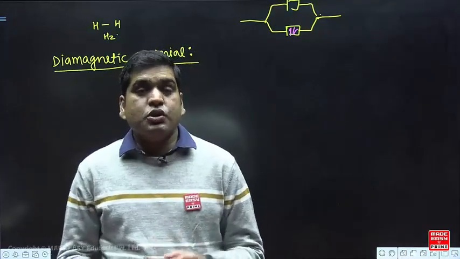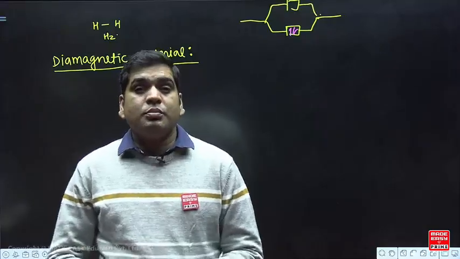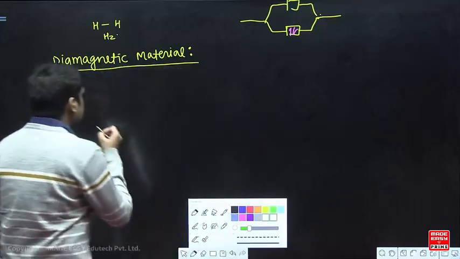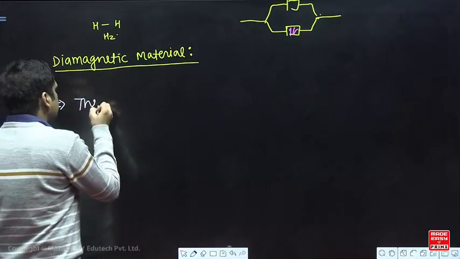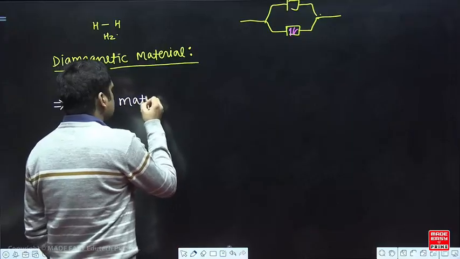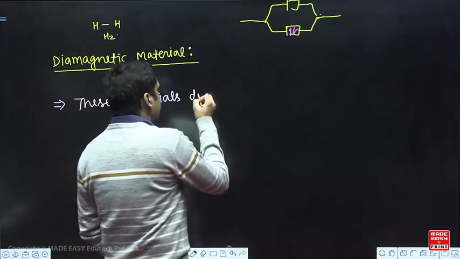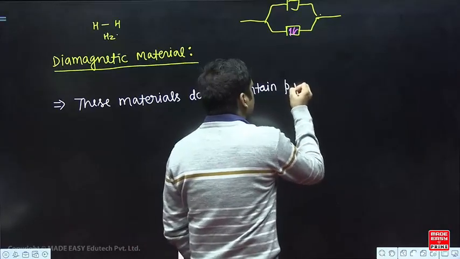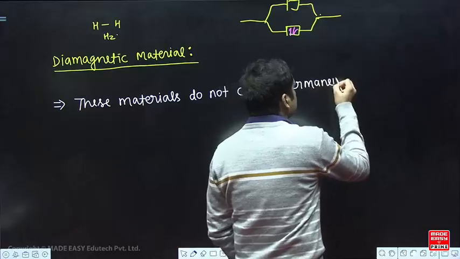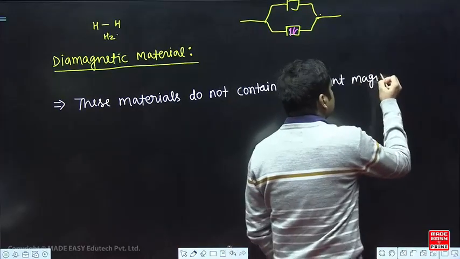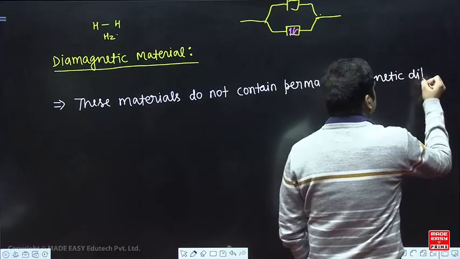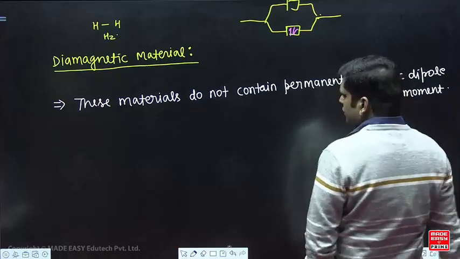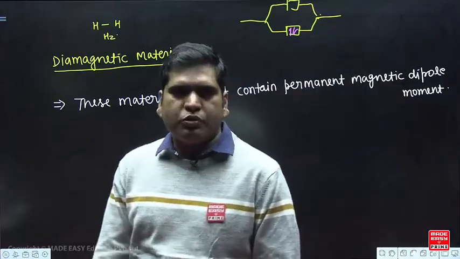So these are the materials which do not contain permanent magnetic dipole moments. These materials do not contain permanent magnetic dipole moments.